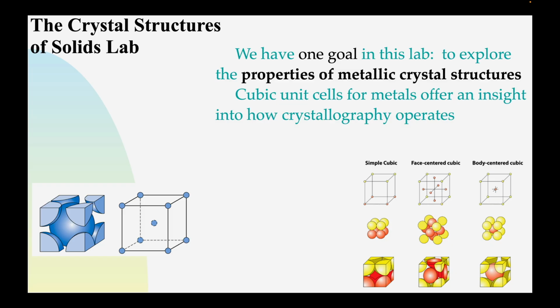And what that means is that if you could shrink yourself down to the size of atoms and look at a sample of, say, copper or magnesium or chromium, whatever, you would see little tiny patterns of repeating atoms. And in the lower right-hand corner there, these are the kind of repeating units that we're going to see in this lab. And they're called simple cubic, face-centered cubic, and body-centered cubic unit cells.